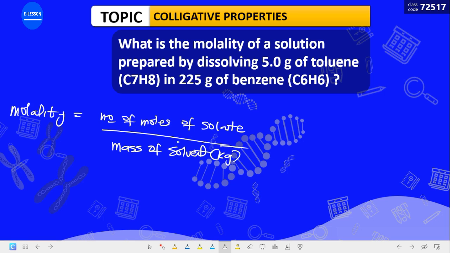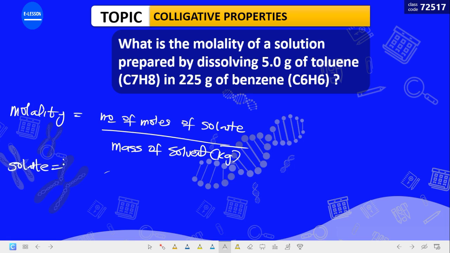Molality is the number of moles of solute all over the mass of solvent in kilogram. Now, in this case, which of them is our solute? We said our solute is toluene, right? So the number of moles of solute will now be calculated.